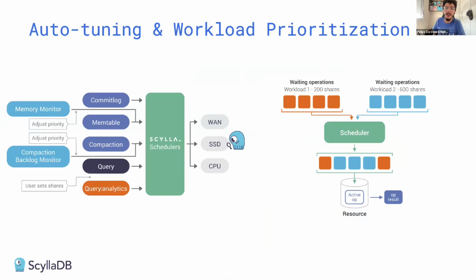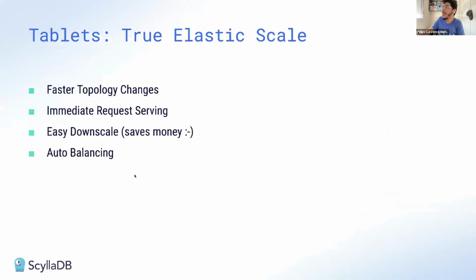By doing that, you can, for example, assign a real-time workload, which is very latency sensitive, a higher priority than another workload, such as an analytical one, which you don't need to serve traffic with lower latencies. This is really nice because it helps with infrastructure consolidation.